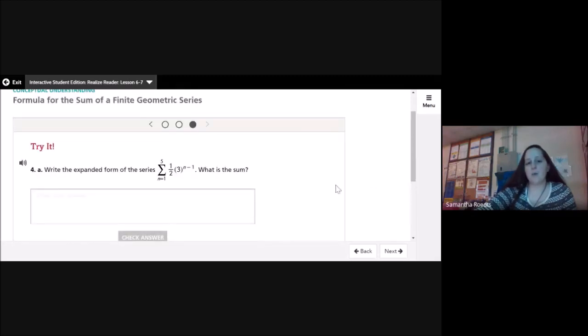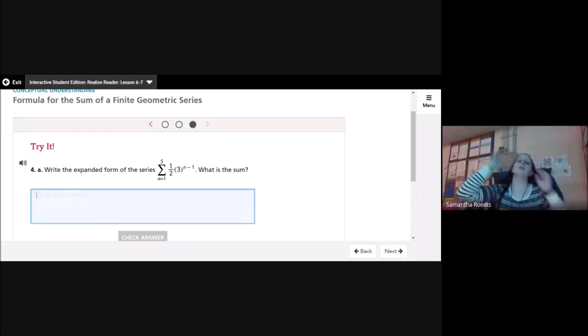So I want to write the expanded form of the series, the sum from n equals 1 to 5 of 1/2 times 3 to the n minus 1. What is the sum? Again, my formula is S sub n equals a sub 1 times 1 minus r to the nth divided by 1 minus r.